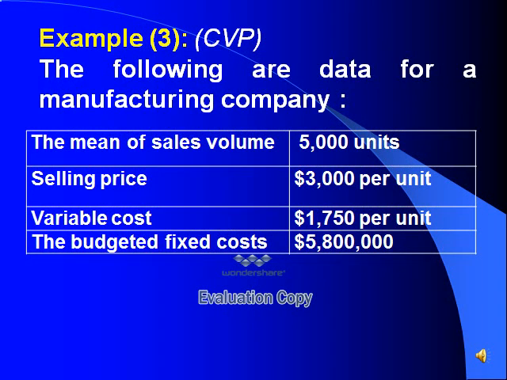Example 3 on page 42. The following are data for a manufacturing company. The mean of sales volume 5,000 units, selling price 3,000 per unit, variable cost 1,750 per unit, the budgeted fixed cost 5,800,000.